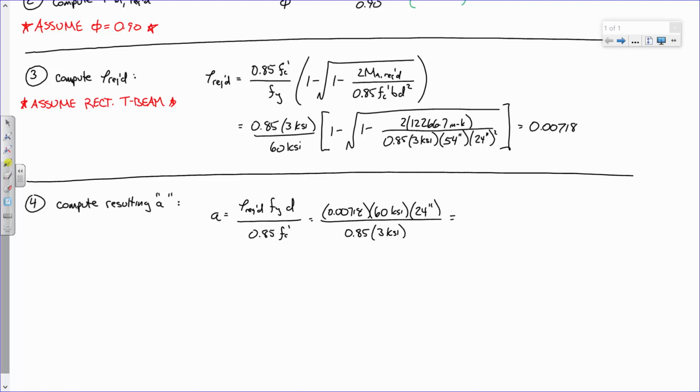So somebody give me an answer. 4.05 inches. Now, as a comparison, what is that value? 3.